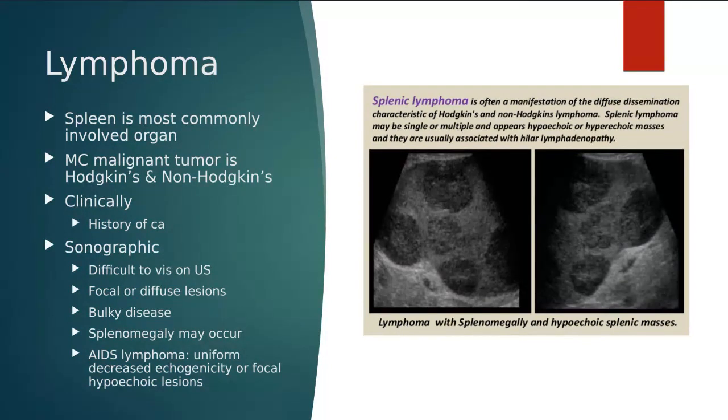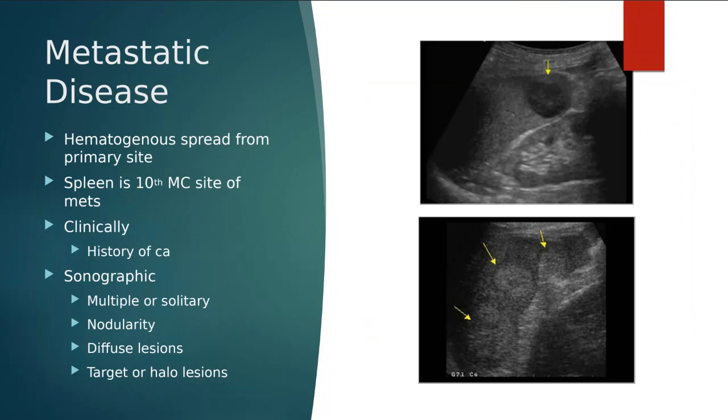We also want to be aware if the patient has AIDS in conjunction with lymphoma. If so, we're going to see uniform decreased echogenicity of the spleen itself or focal hypoechoic lesions. So chances are this is something that will be brought to your attention before you scan the patient anyway. That's something that's very easily detected by blood work in the earlier stages.